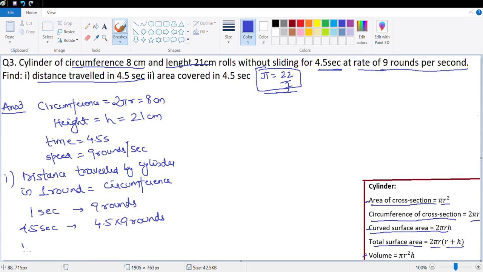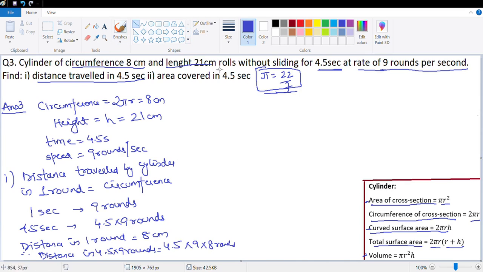So distance in 1 round is equal to 8 centimeter. Therefore, distance in 4.5 multiplied by 9 rounds will be equal to 4.5 into 9 into 8. That's a calculation that we'll have to do.